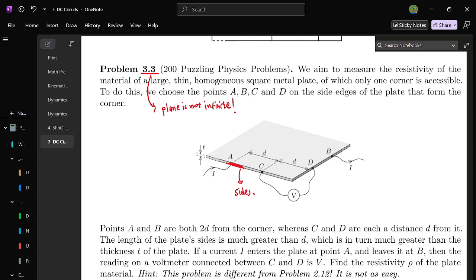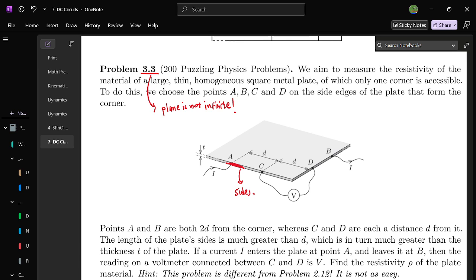Now what implications does that have? Because it's the sides, you can't just assert that I'm taking current and extracting current from a random point in infinity. Here I'm putting in current and extracting current from the side of the plane.